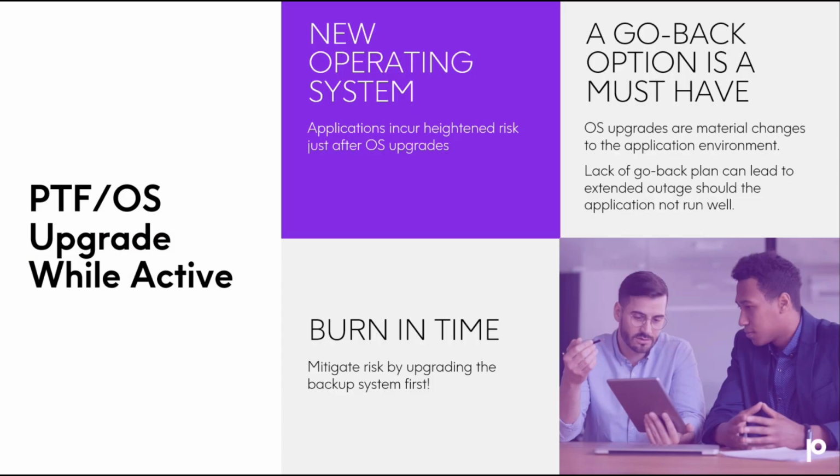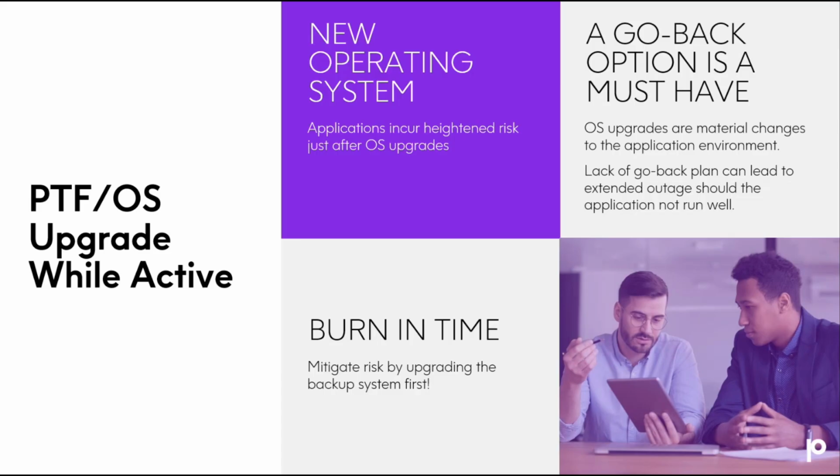The most important thing is to recognize that a new operating system incurs a heightened risk, right? Usually they're routine, but when they don't work, then what are you going to do? So you must have a go back option when you do OS upgrades.